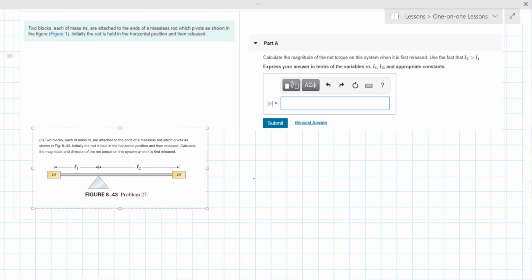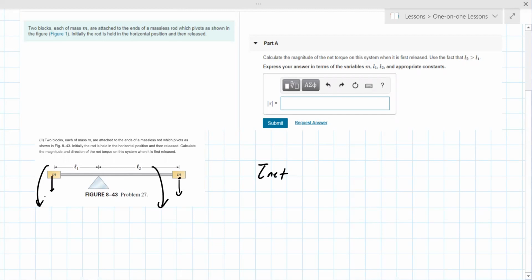They call it torque net. Basically, this one produces a torque going this direction, the other one produces a torque going this direction, and you have to calculate those two together. So torque is force times distance. The force on both of these is mg, and the distance is L1 and L2. They make counterclockwise positive.